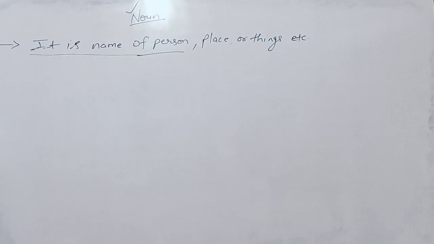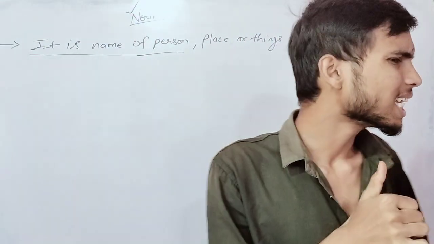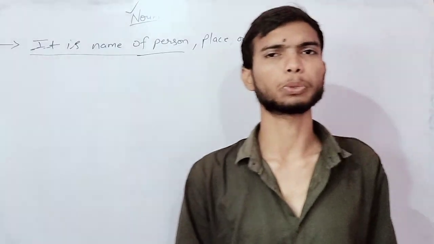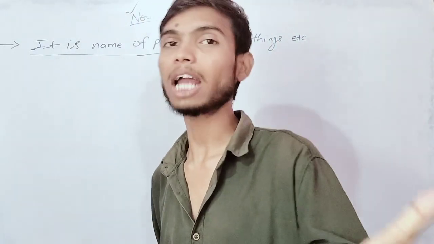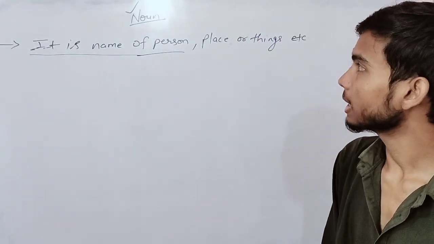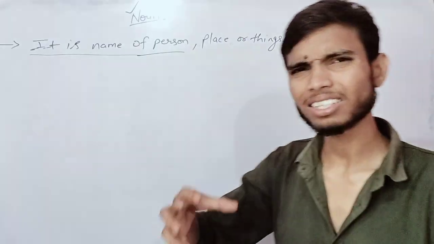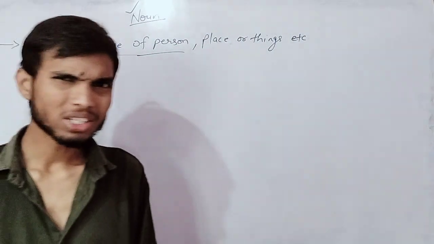Try to understand this sentence. What is this sentence trying to tell you? It is telling you a noun is just a name. Now hold on. A noun is a word.